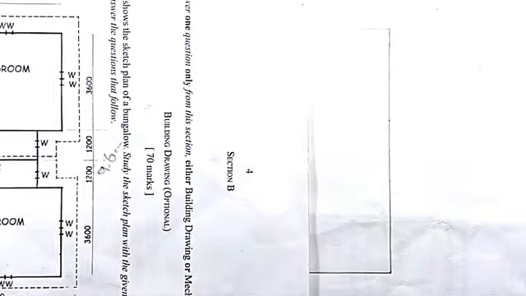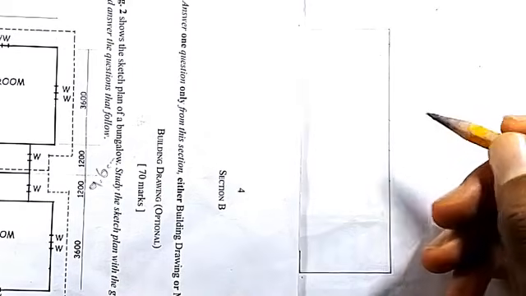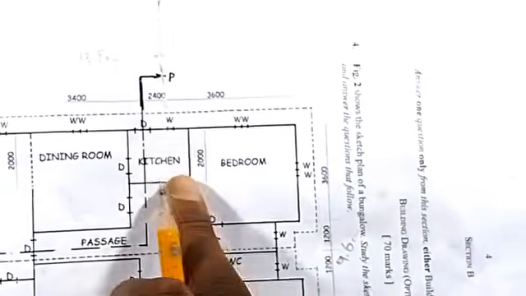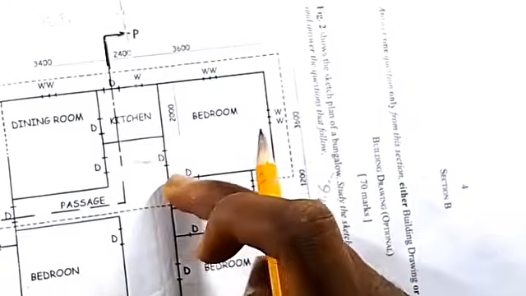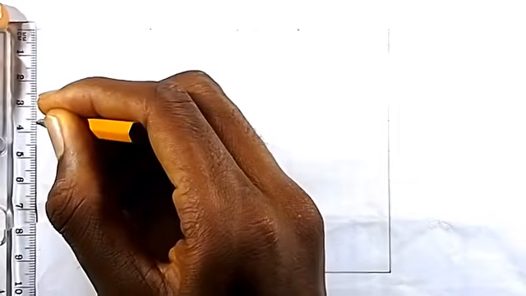So after that, we have to draw each of these markings. Let's first start with the bedroom. Let's draw the bedrooms, then the kitchen. So at 3.6, we have to draw for here and here. So let's mark 3.6 here. Good.